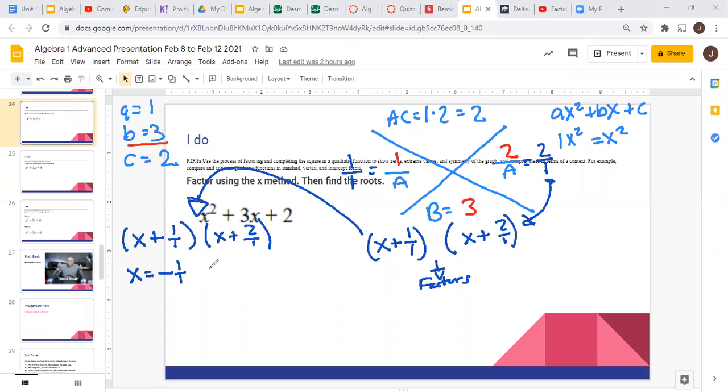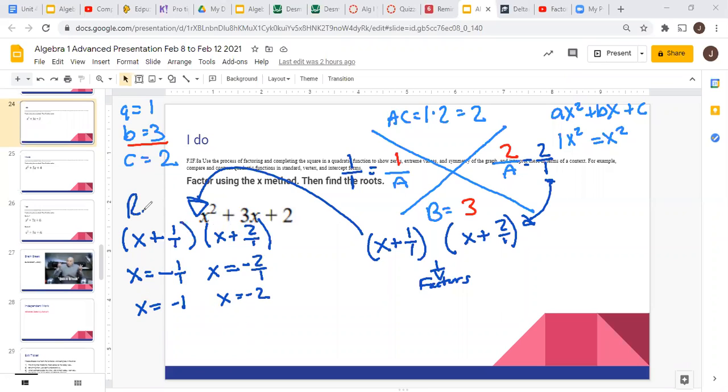This same thing here, so you take this and you flip it over to the other side of the equal sign and flip the sign. This was positive, so now it's going to be -2 over 1. Negative 1 divided by 1 is just equal to negative 1. Negative 2 divided by 1 is just negative 2. Okay.